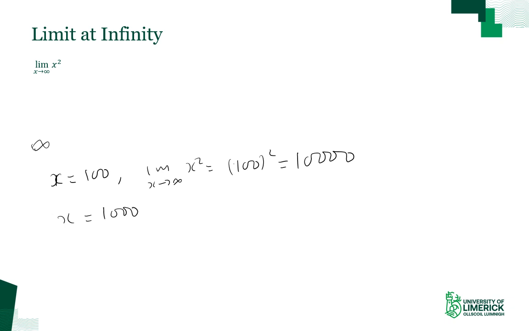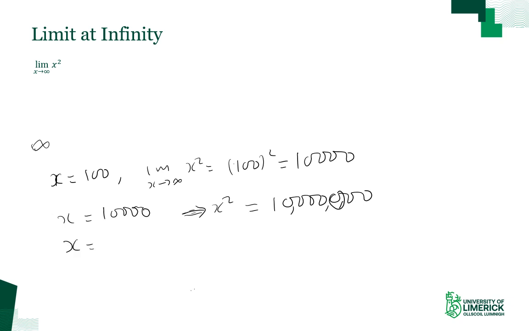Since we want x to be very large, if x approaches 10,000, then x square will approach 10 million.